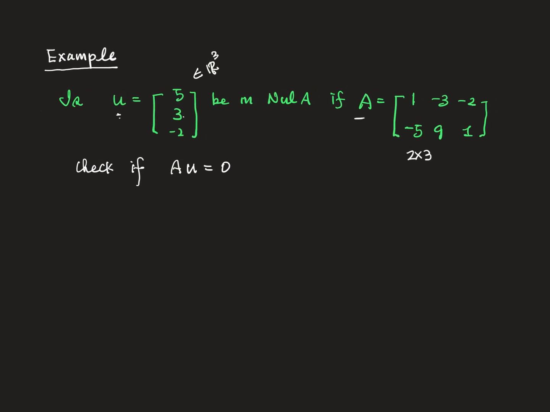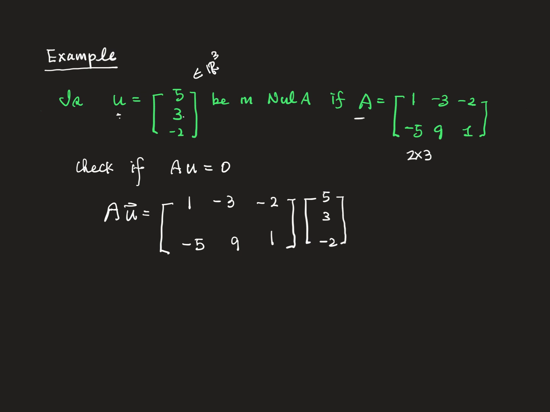Okay, let's check it. We're going to check the vector Au. A is 1, negative 3, negative 2, negative 5, 9, 1. The u vector is 5, 3, negative 2.